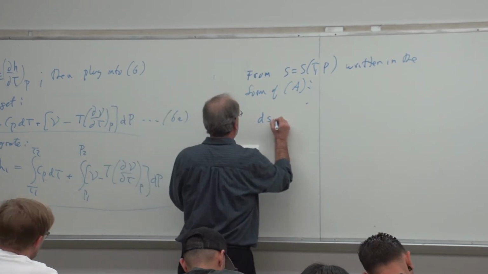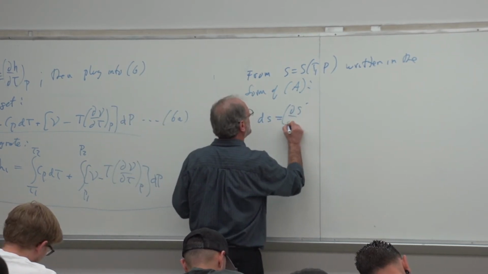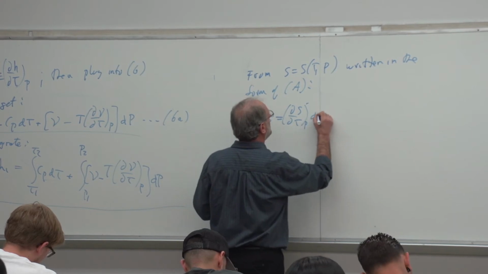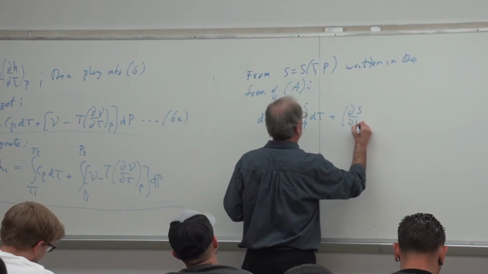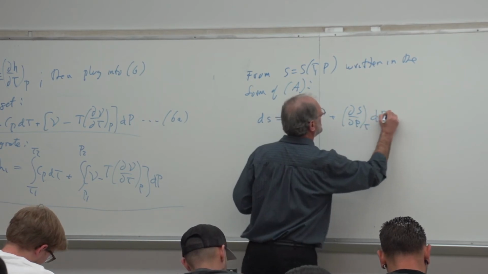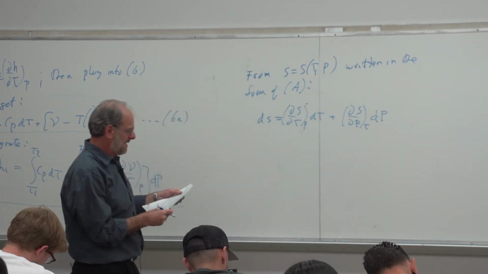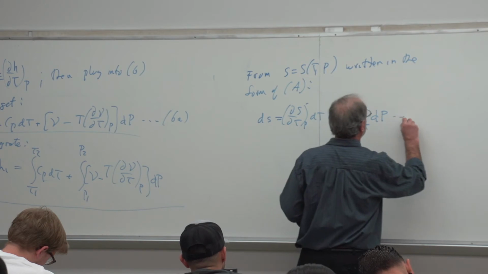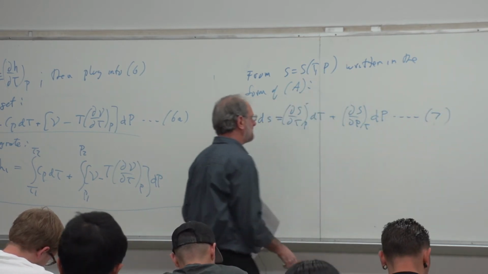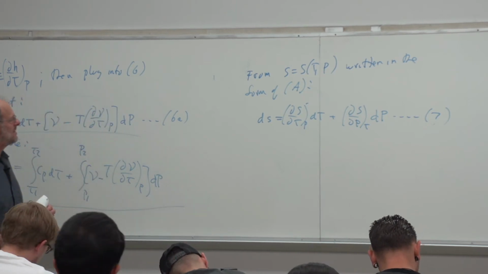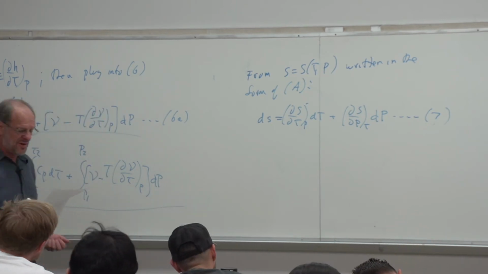So we'll note that dS is equal to (∂S/∂T)_P dT, and then plus (∂S/∂P)_T dP. Okay. This equation, I'm going to call equation 7. So that's what we're going to start with now.